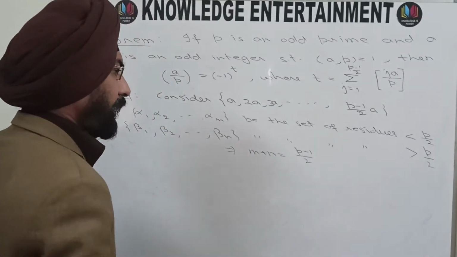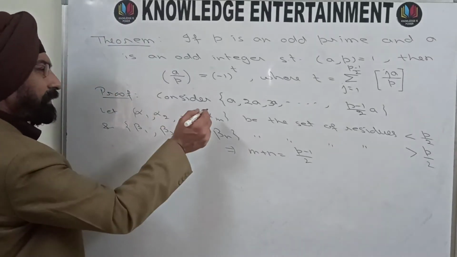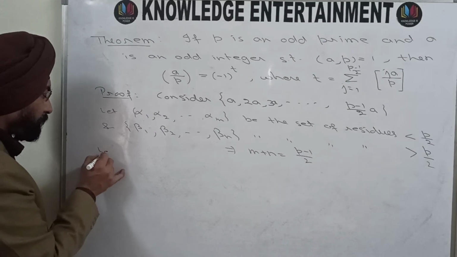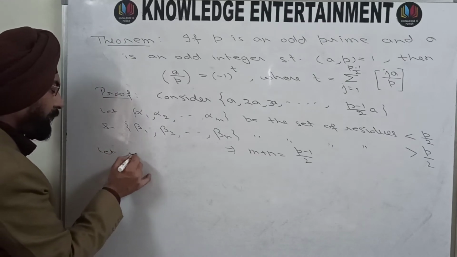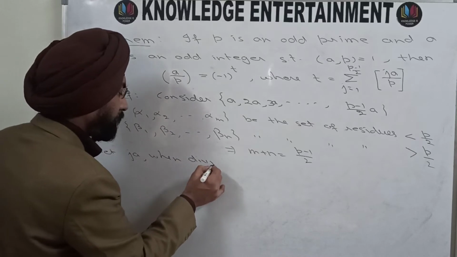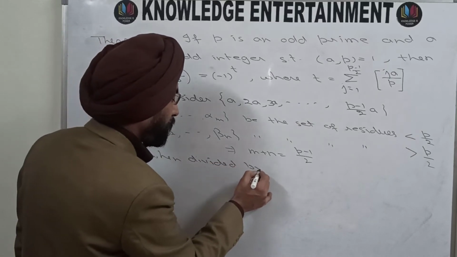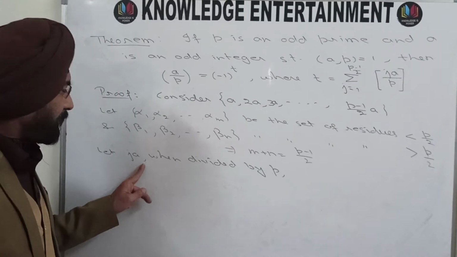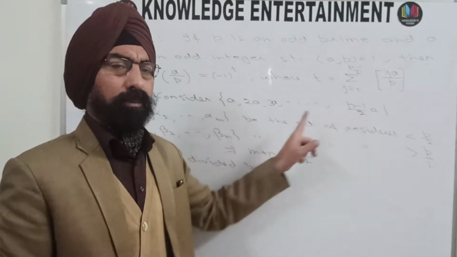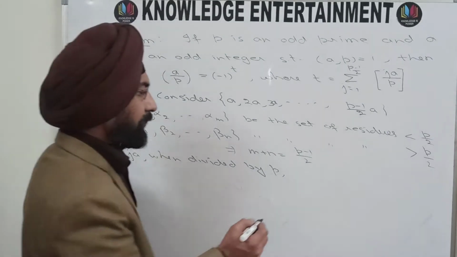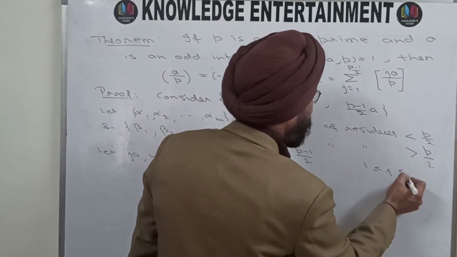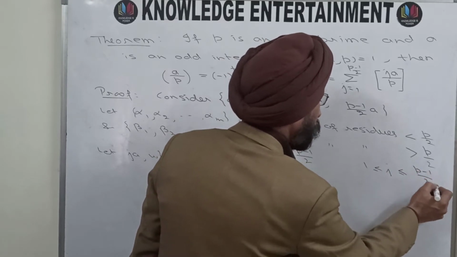Now look, while dividing these numbers by p, let ja, when divided by p, where ja means a or 2a or 3a up to ((p-1)/2)a, that means this j lies between 1 and (p-1)/2.